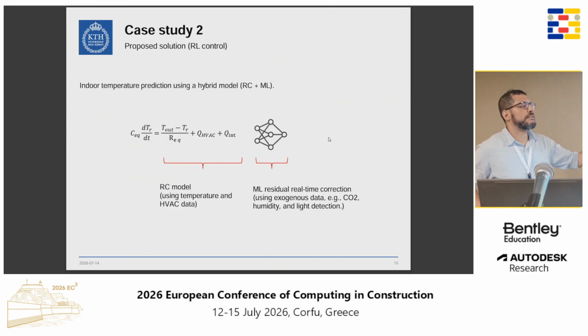Machine learning takes data that is not usually foreseen for prediction, like CO2 and light detection and those kinds of information. And the RC model is nothing but a classical RC model relying on indoor and outdoor temperature. So this is called a hybrid model.